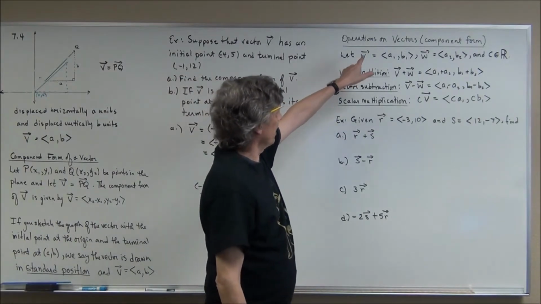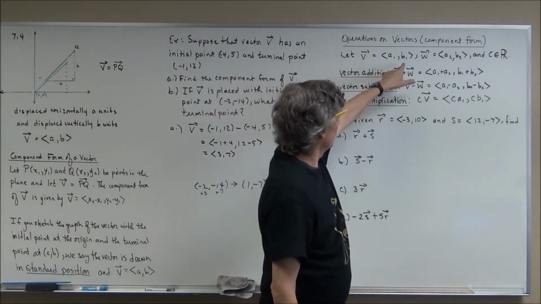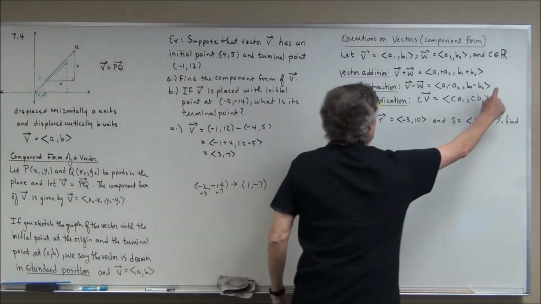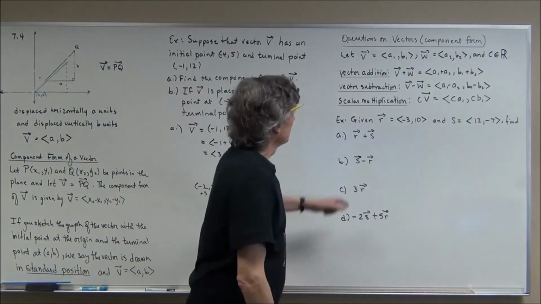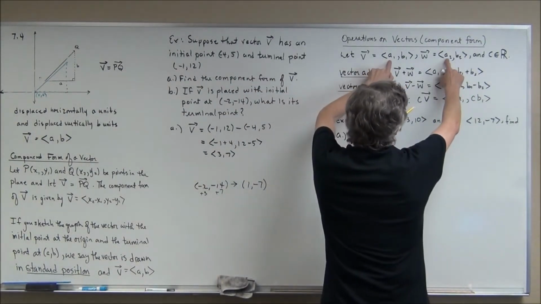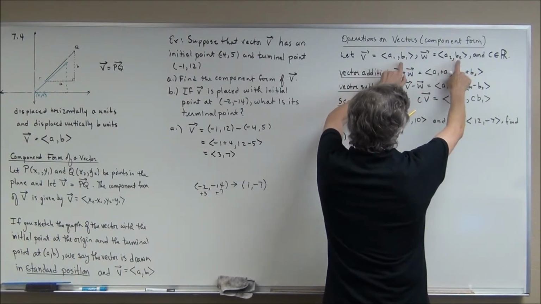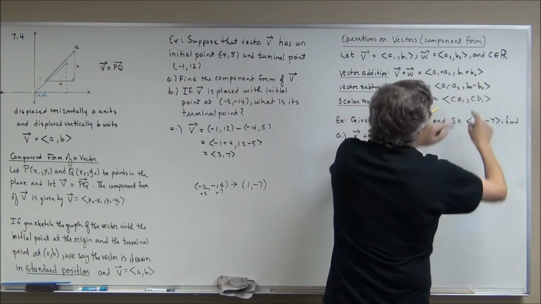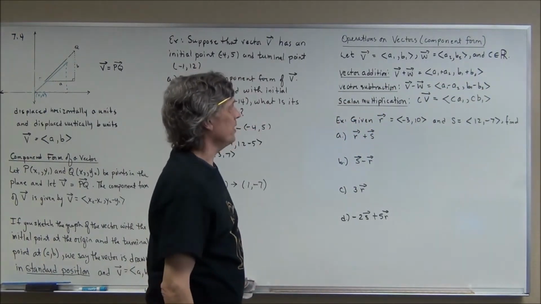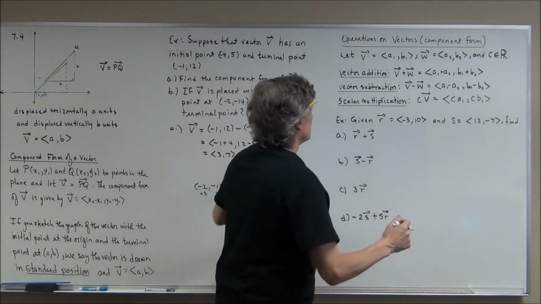Now before we do, the operations of vectors in component form: let vector v be ⟨a₁, b₁⟩, vector w be ⟨a₂, b₂⟩, and let c be an element of the real numbers. C is a constant. So vector addition, if we're adding vector v and w, all you're doing is adding the horizontal components, the x's, and the vertical components, the y's, and then writing it in the component form there with the angle brackets and such.